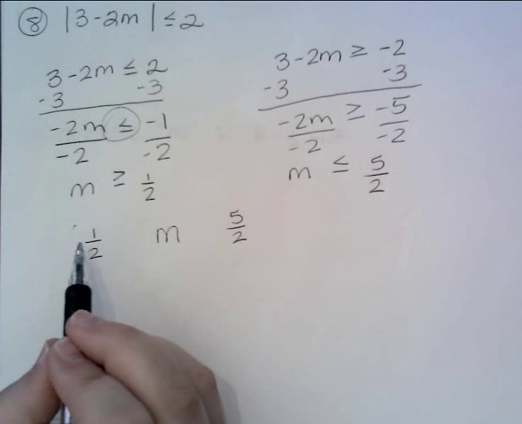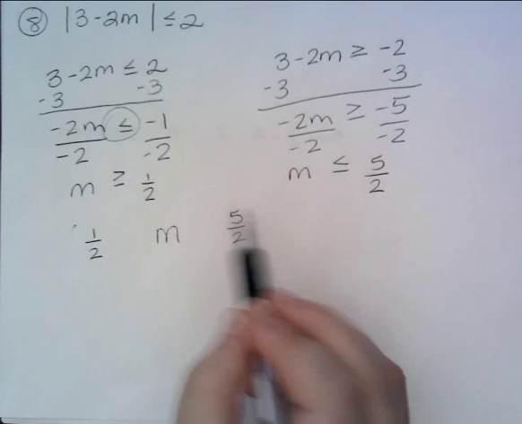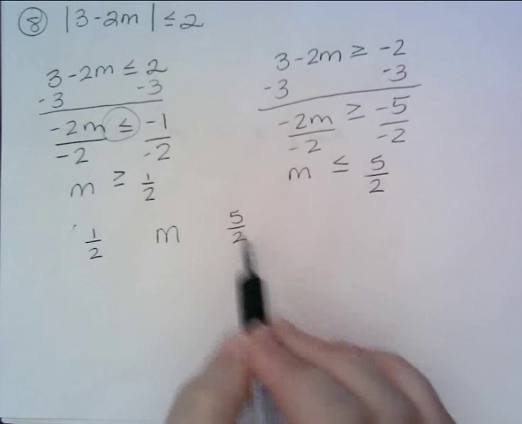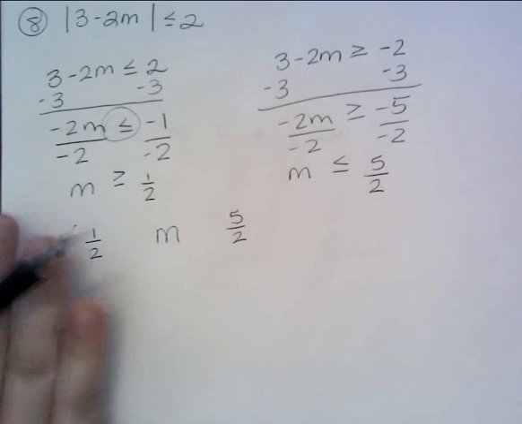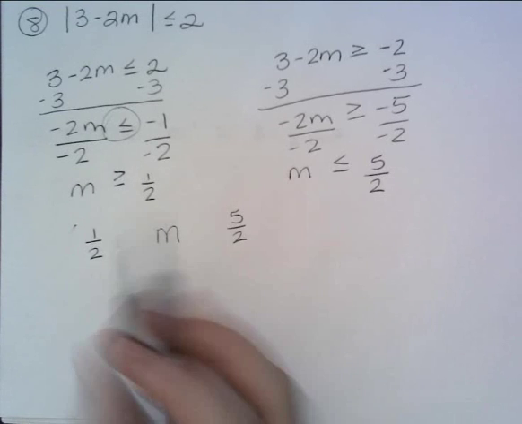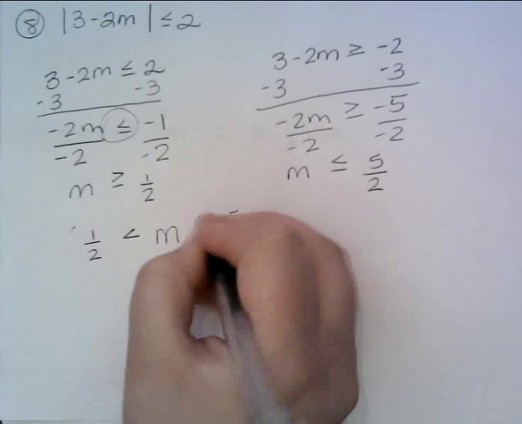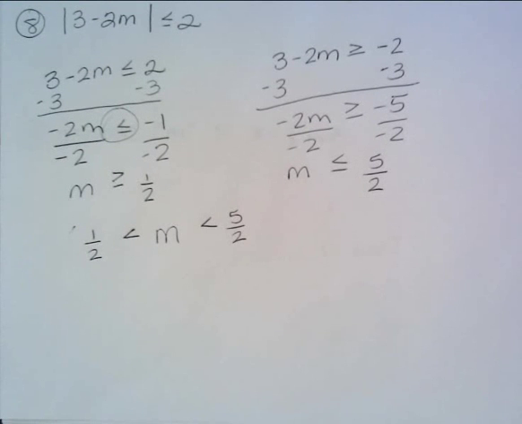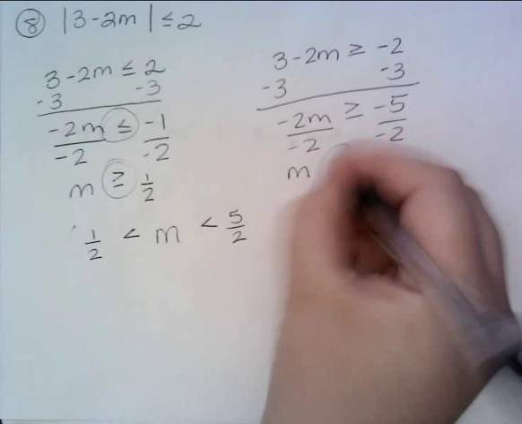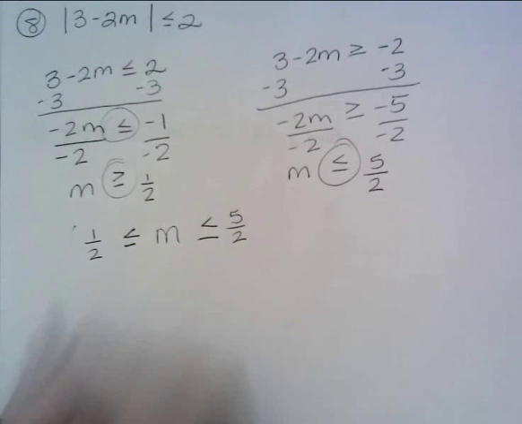So notice you're always going to have them facing this less than pattern, okay? But notice they were both equal to, so they're both less than or equal to. And notice when you look at the m is greater than or equal to 1/2, the alligator mouth, as we always talk about it, is facing the m. Well, notice when we switched it around, the alligator mouth is still facing that m, okay?